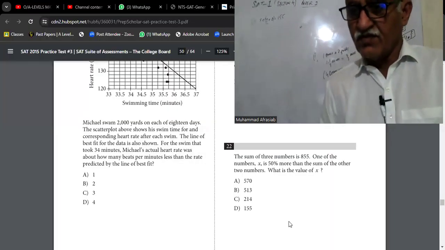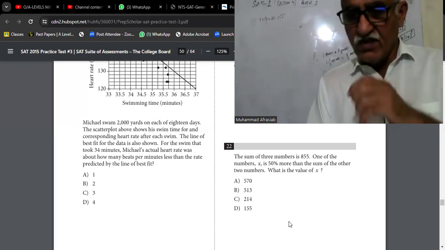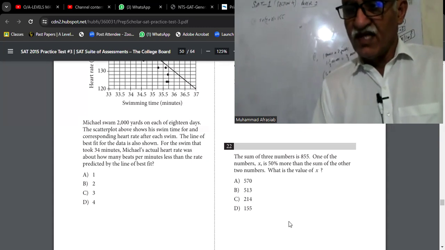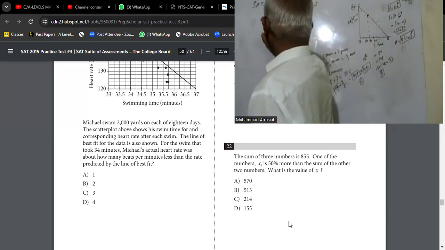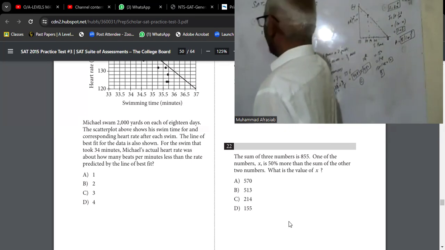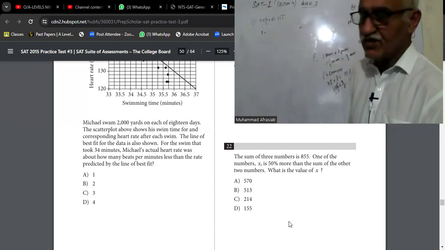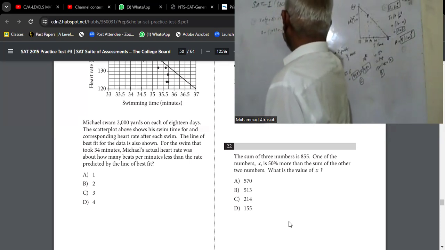The sum of the numbers is 855 and one of the numbers, x, is 50% more than the sum of the other two numbers. So the other two numbers are y plus z, and 50% more.